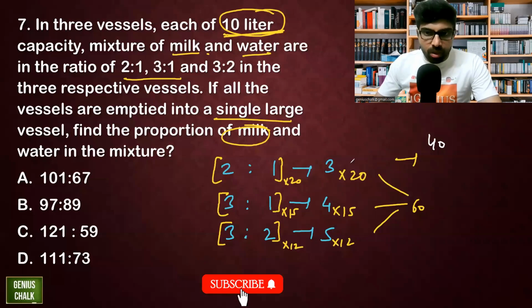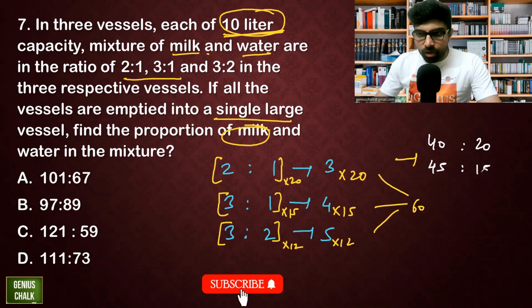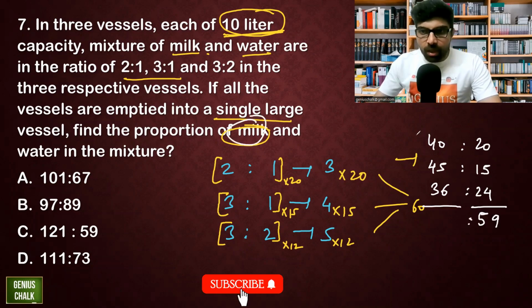Next, 1 into 20 is 20, 3 into 15 is 45, 1 into 15 is 15, 3 12s are 36, 2 12s are 24. So how much is this? 45, this is 36 plus 24, 60, and this is again the same thing, milk and water, fine.